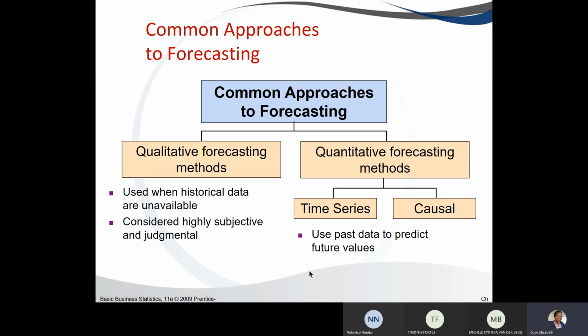Okay, so when we do that, there are common approaches that you can use for forecasting. One is the qualitative forecasting method approach. Since this is qualitative, it means you will be using your own subjective analysis.